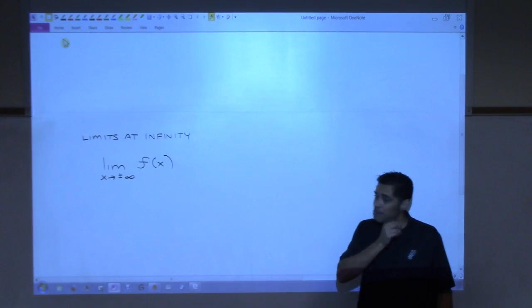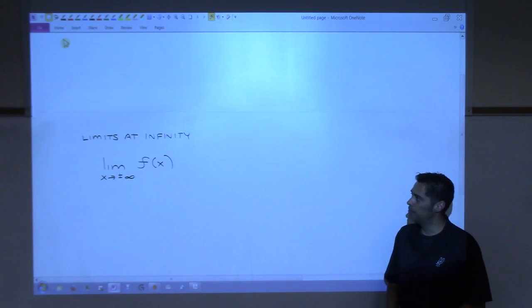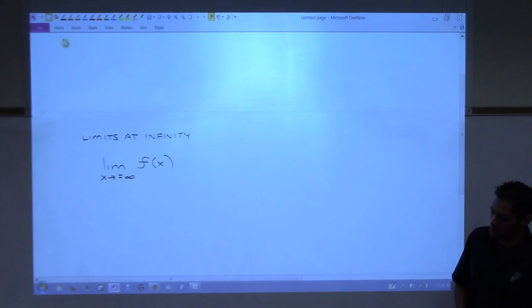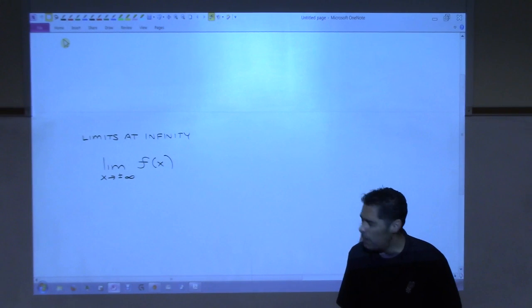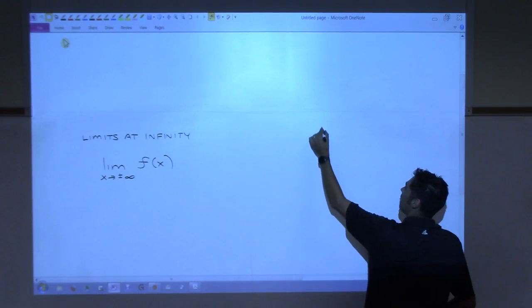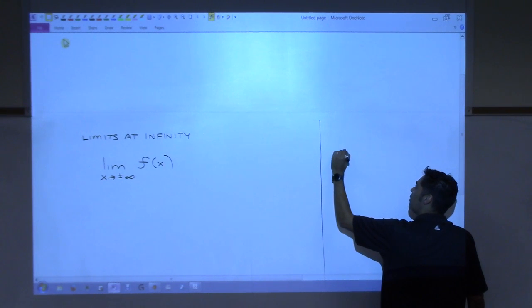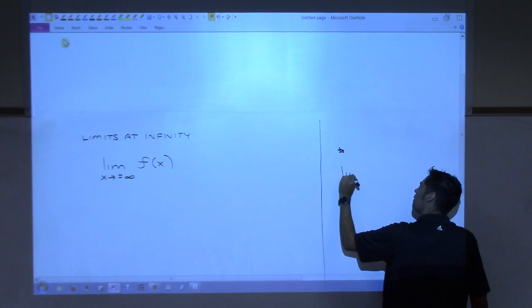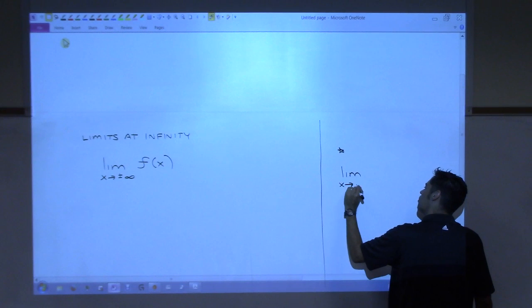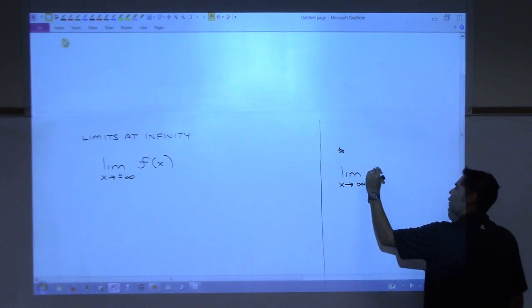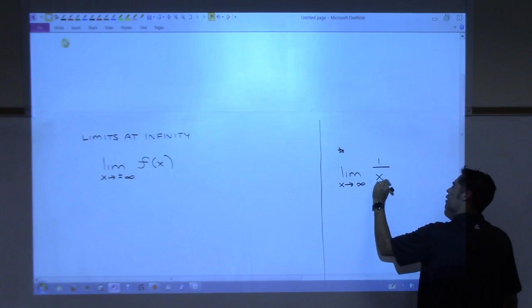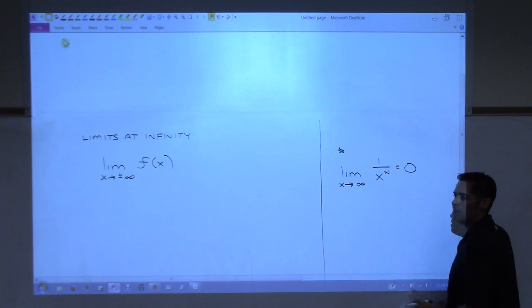And that's what makes it a limit at infinity. So let's do an example. Oh, in the notes, what I asked you to know today, which was on the quiz, please note that the limit as x goes to infinity of 1 over x to the n equals 0.